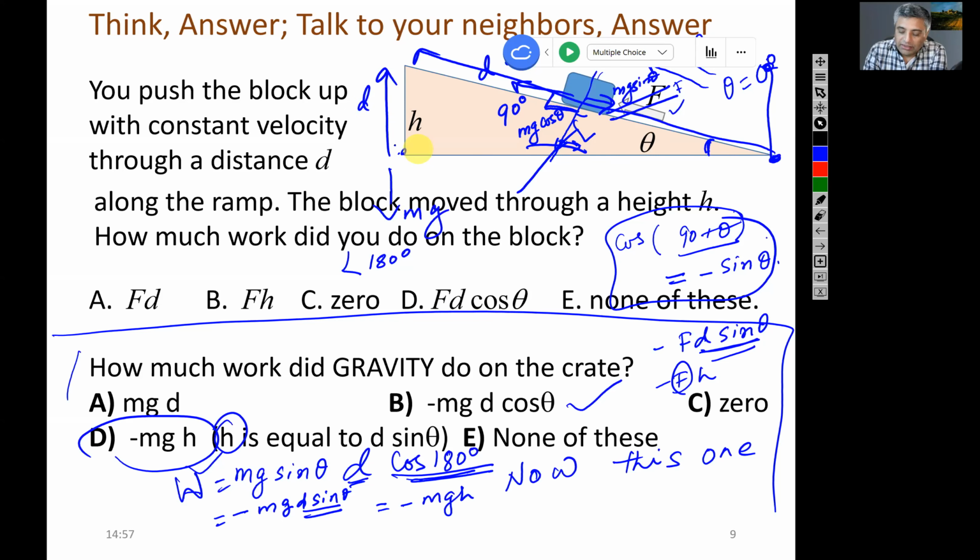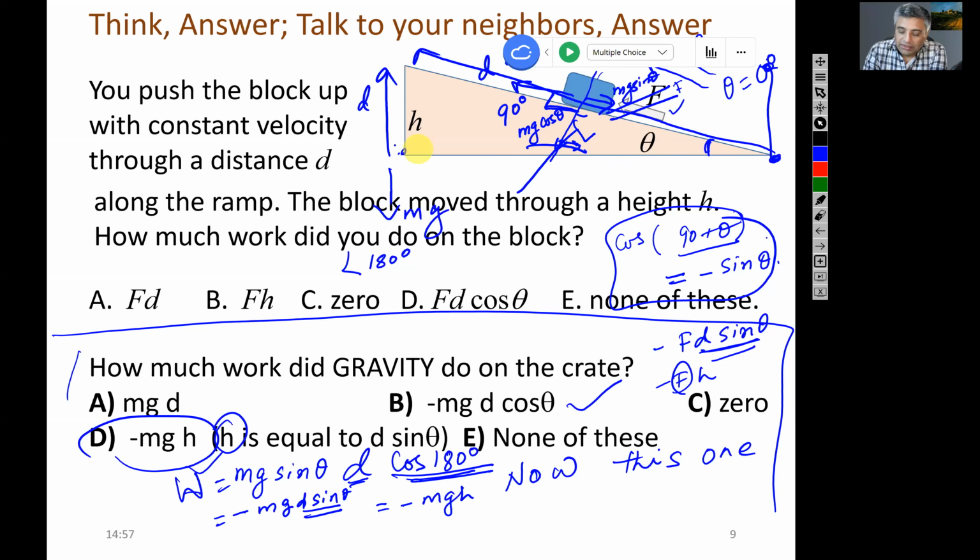So when we add work done by these different forces, in this case, we should get 0 as the answer, total work done. But again, we have to ask work done by what force? So this one asked for the work done by this F force. The second question here asked for the work done by a gravitational force, right?